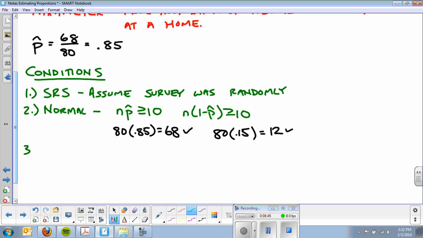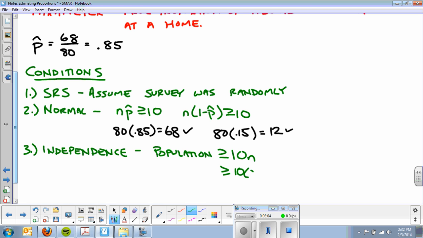And the third and final condition is independence. We are checking to see if the population is greater than or equal to 10n. So if I plug in 10 times 80, I get 800.